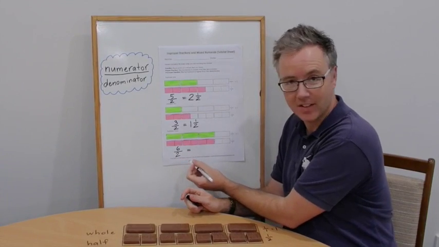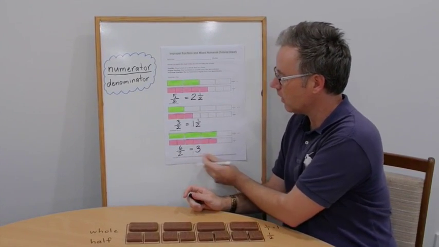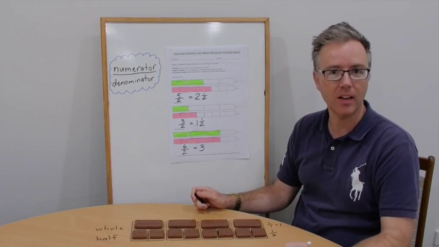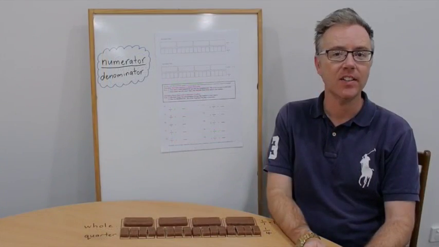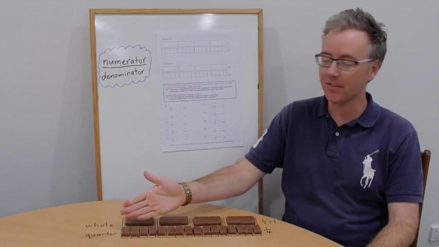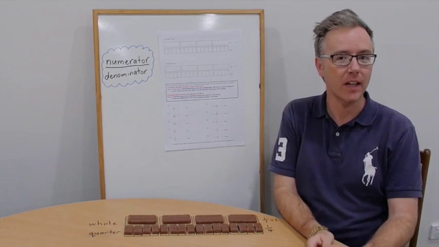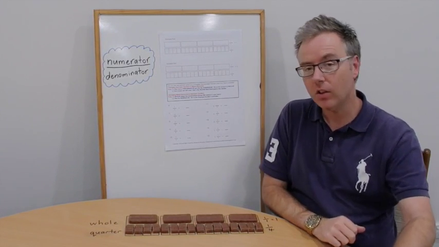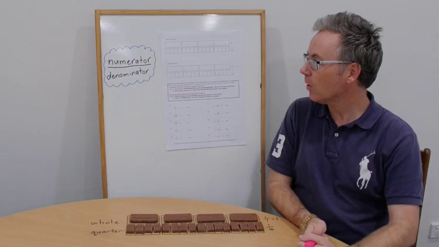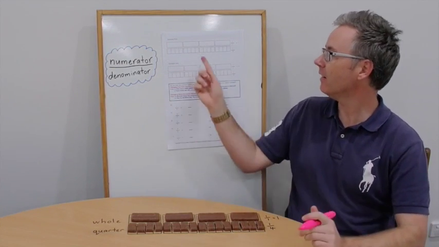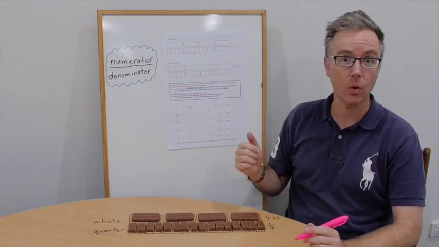So 6 halves is the same as 3 wholes. And there's no halves left over, so it is simply 3. And you can see now that I've cut the halves into quarters. And of course a quarter means a whole is divided into 4 equal parts. Now, using your first colour highlighter, for example 4, colour in 9 quarters.